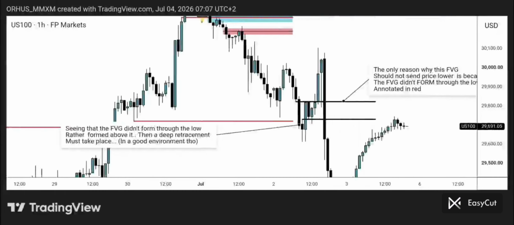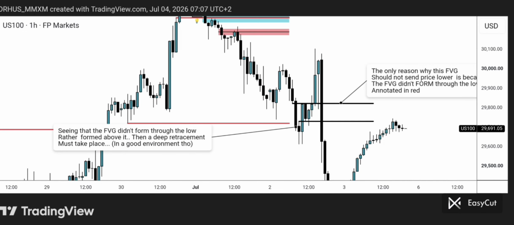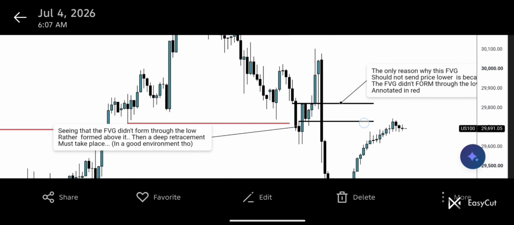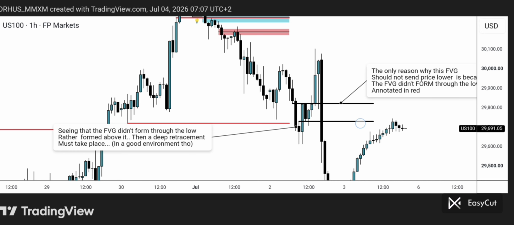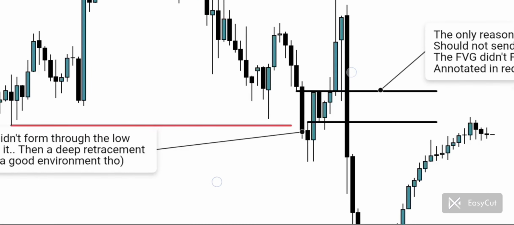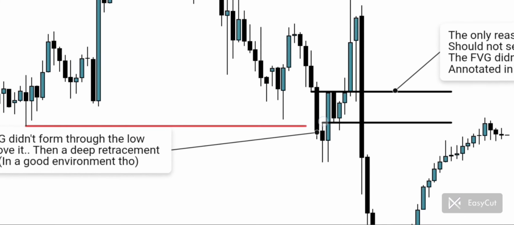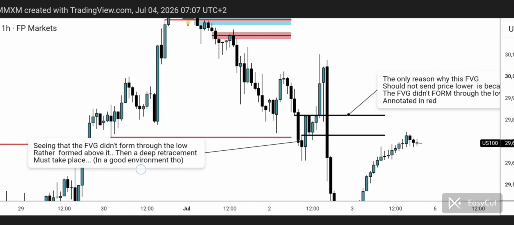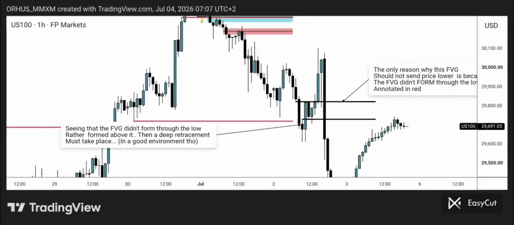So, coming back from the other example, if you have been paying attention, let me read this for you. The only reason why this black range, which is the fair value gap from this candle's low to this candle's high, did not function as immediate resistance on price to send price lower, is because the FVG didn't form through the low annotated in red.